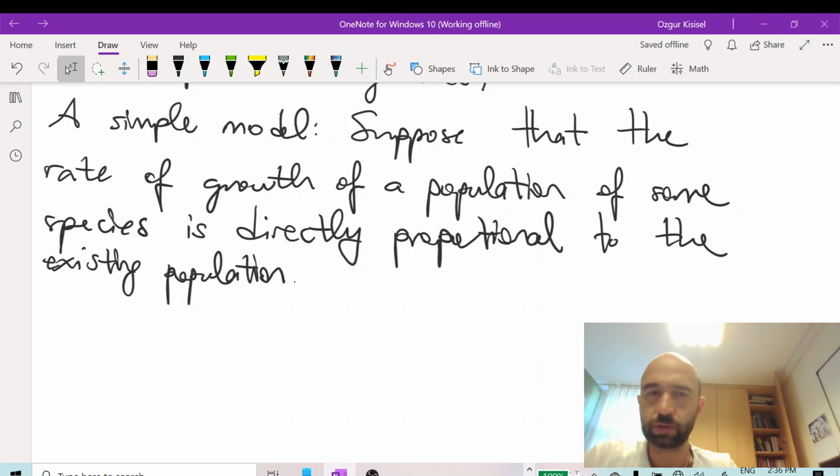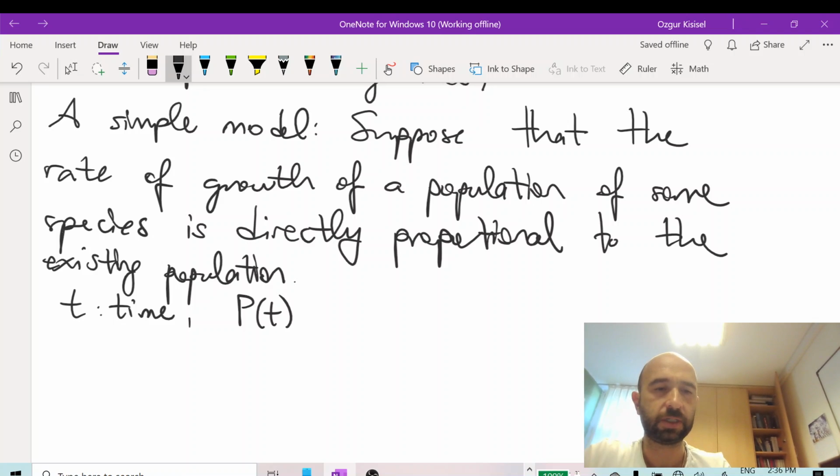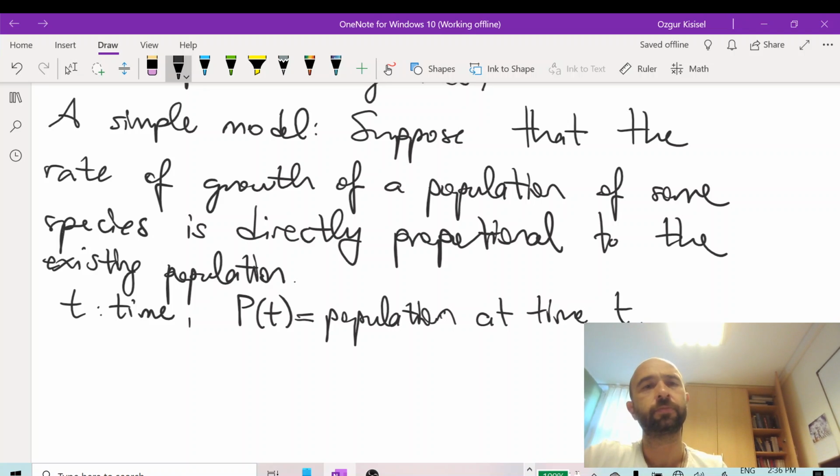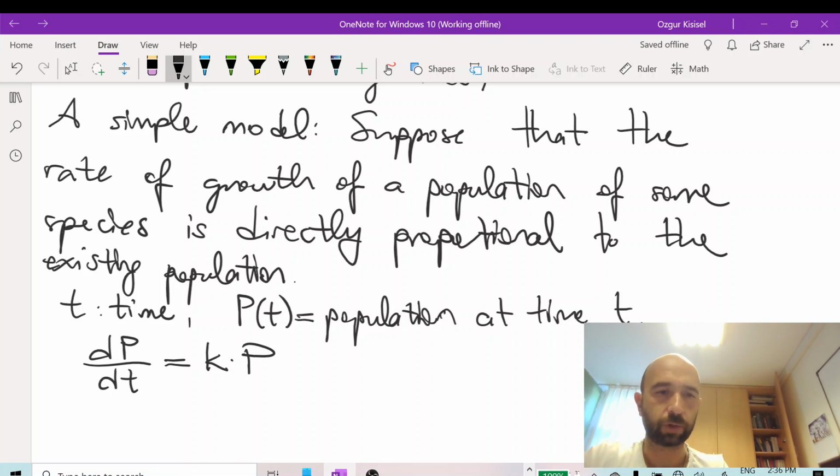So now, how do you write a differential equation for this? First of all, we need variables. So let t denote time and p(t) the population at time t. Okay, so this sentence says that the rate of change, therefore dp/dt, is some constant k times the population itself.